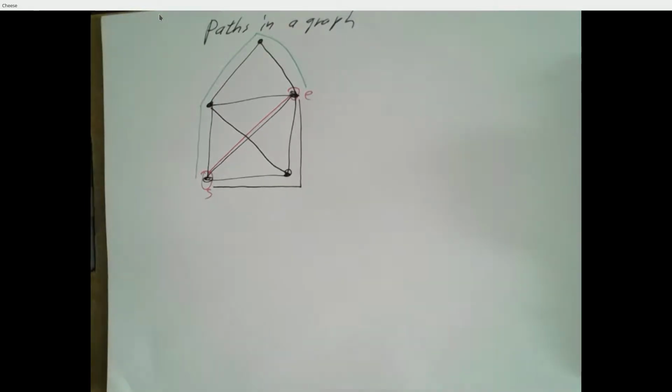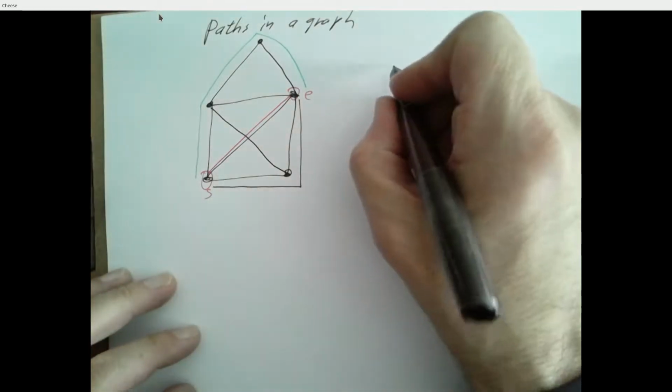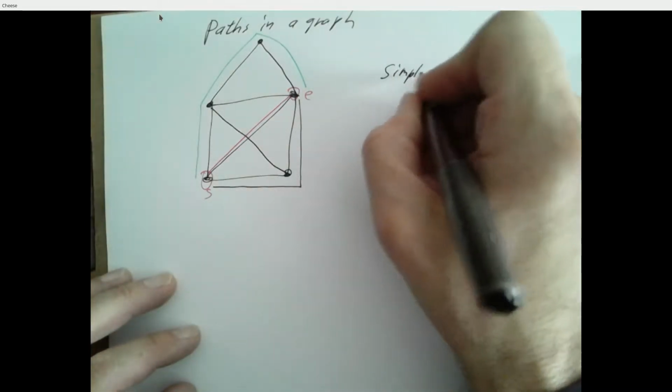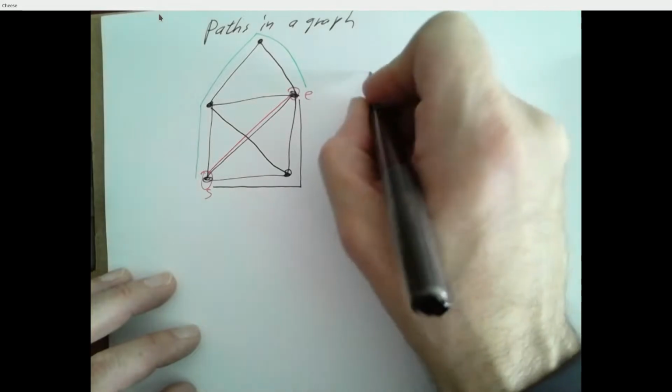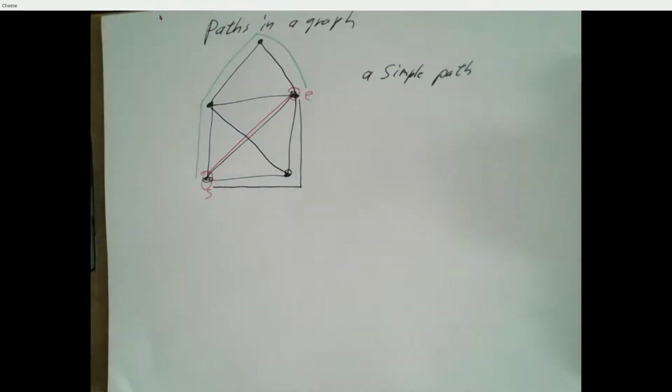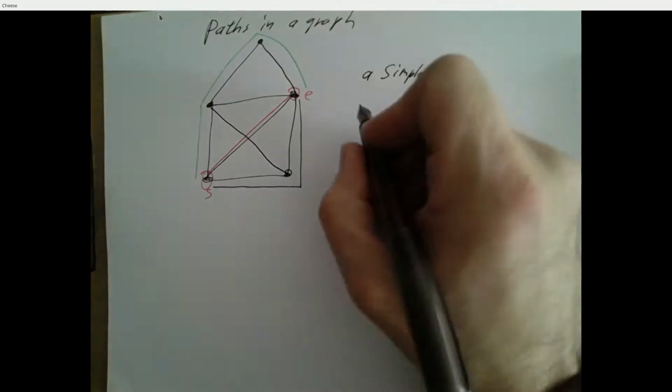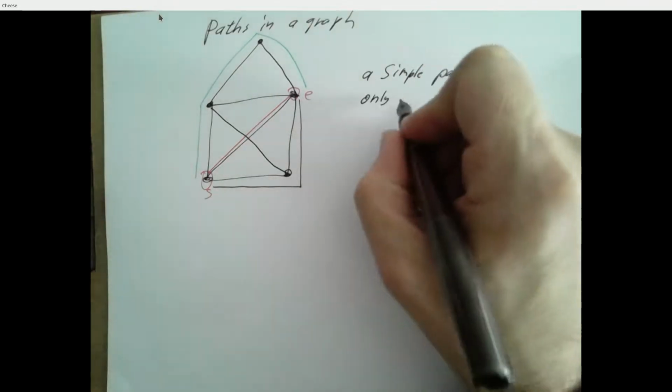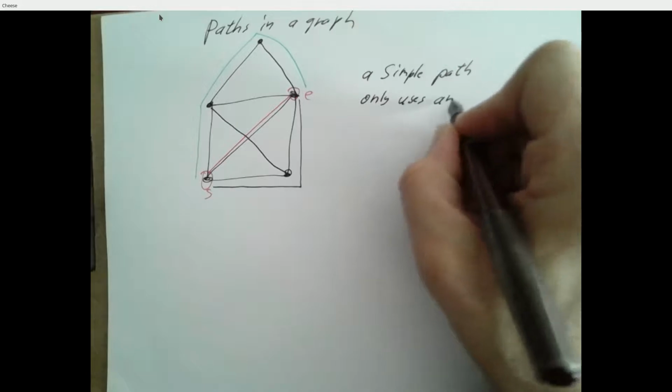So there's some ambiguity in terminology, but I'll try to make it clear when it comes up. A simple path only uses an edge once.